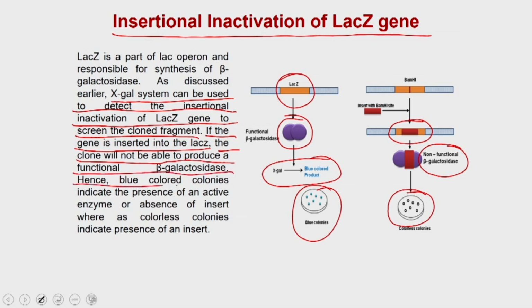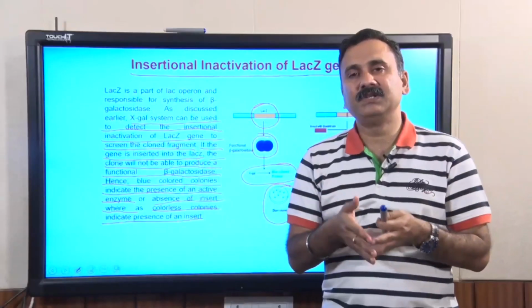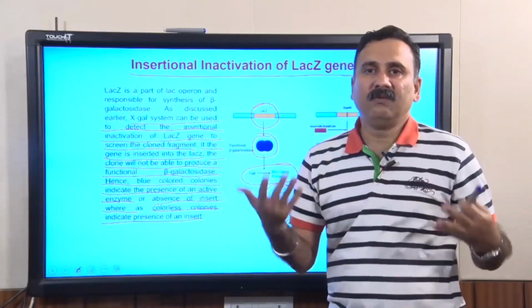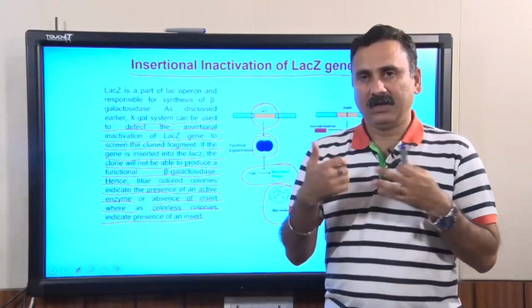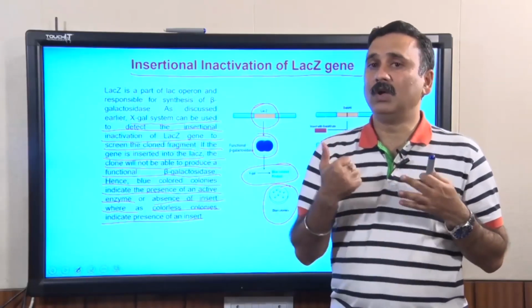Hence, blue colored colonies indicate the presence of an active enzyme or the absence of insert, whereas colorless colonies indicate the presence of an insert. Okay. So, this is one example where insertional inactivation in the LacZ gene will give you the criterion to screen the transformation of the clone into the host.